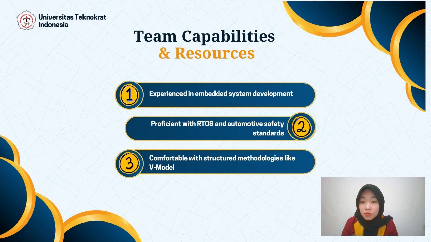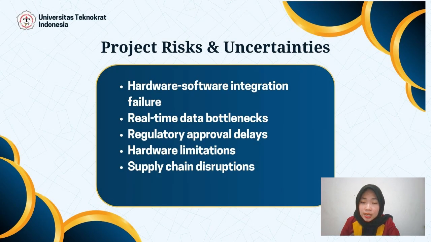They are proficient with real-time operating systems and automotive standards, and they are used to working with structured methods that make them highly suitable for the discipline and systematic process that the V model demands. Their skills will help ensure that each development phase is completed correctly before moving on to the next.